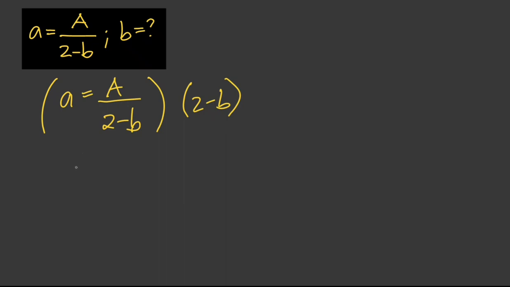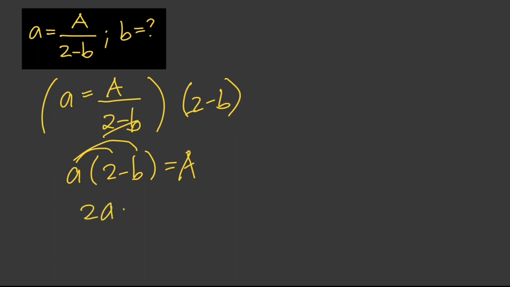Okay, so we have A times 2 minus b equals a, because the 2 minus b here cancels. And then we distribute A here to the terms inside the parentheses. That will be 2A minus Ab equals a.